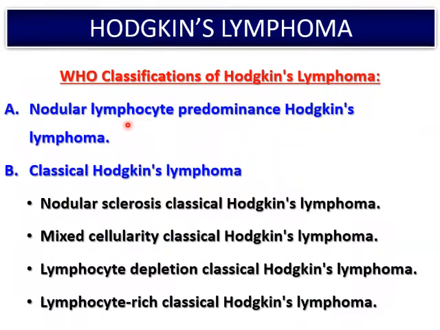This type, nodular lymphocytic predominance, is put in a category alone because this type doesn't contain classic RS.